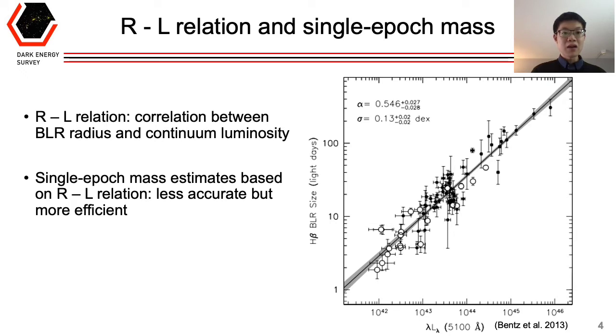Using this R-L relation, we can estimate the broad line region radius and calculate the black hole mass using just single epoch spectra, which is less accurate but much more efficient, and allows us to estimate the black hole mass for a large sample of AGNs.